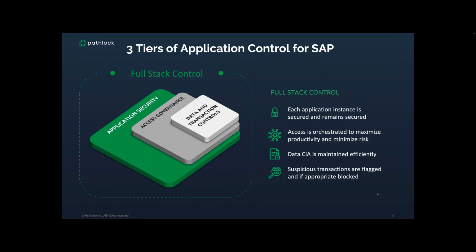And then at the top layer, the third tier, is looking at data and transactions. That means that the confidentiality, integrity, and availability of the data is maintained efficiently, and that any transactions that may impact that data inappropriately are flagged or blocked.